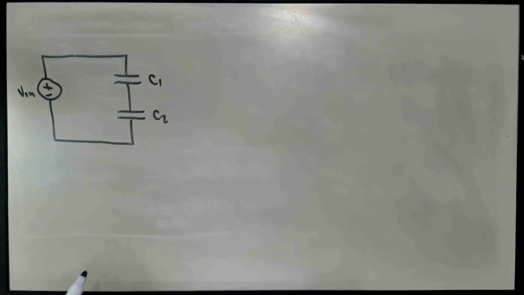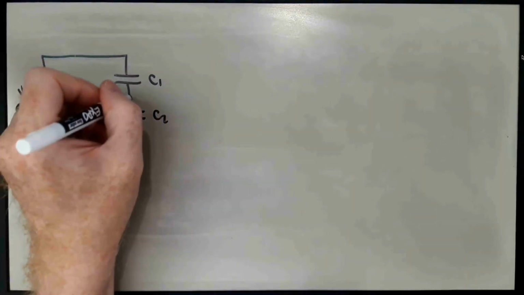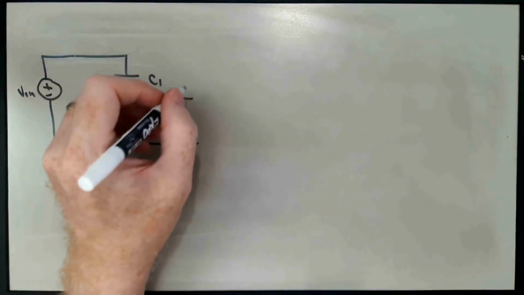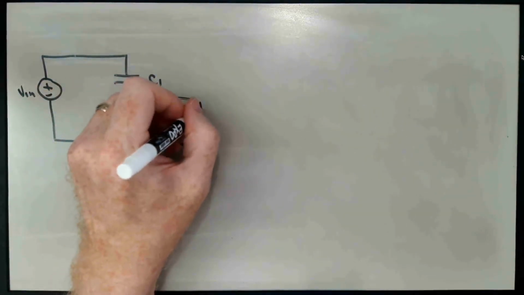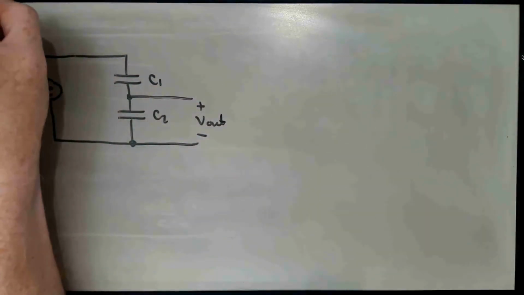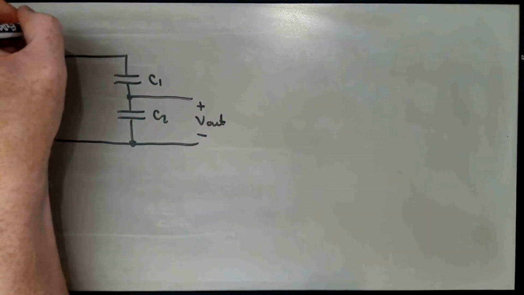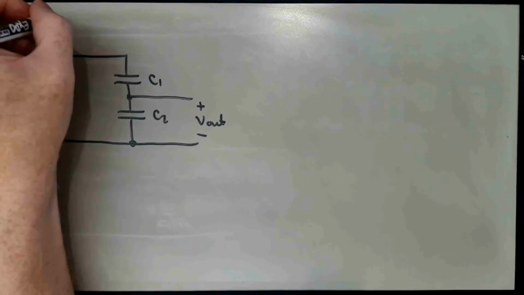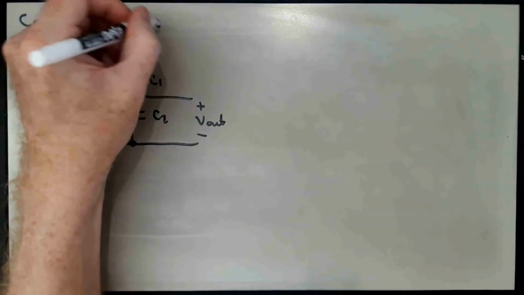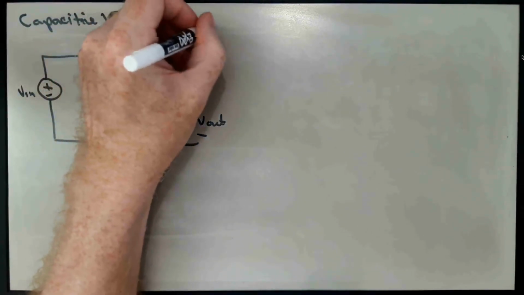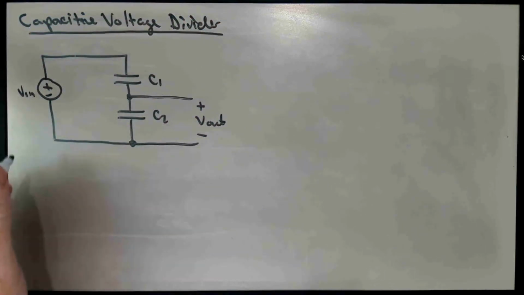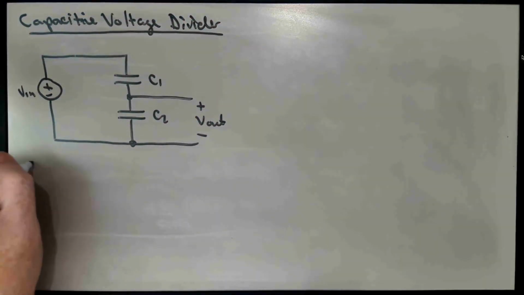And this is like the capacitive linear combiner with Vn2 just replaced by a short circuit. This is a two-way capacitive voltage divider.